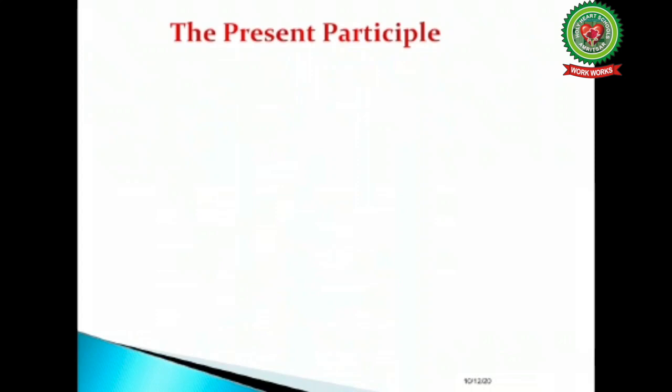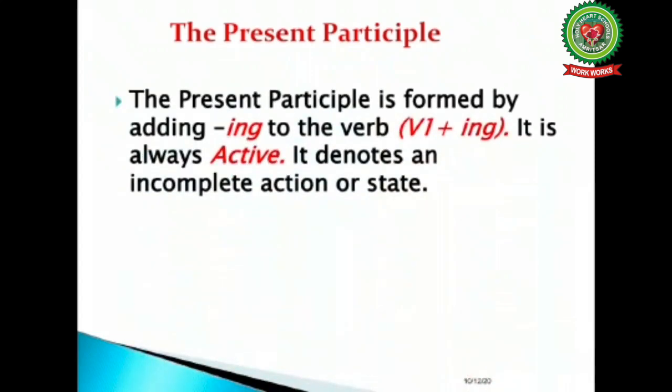The present participle. The present participle is formed by adding ing to the verb, that is V1 plus ing. It is always active. It denotes an incomplete action or state. Children, in simple words, present participle is V1 plus ing and acts as an adjective.